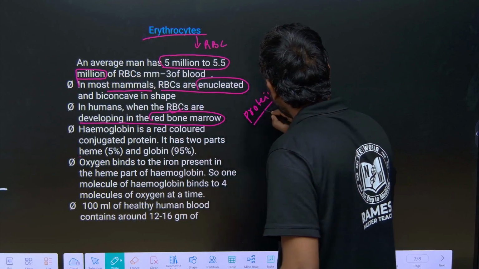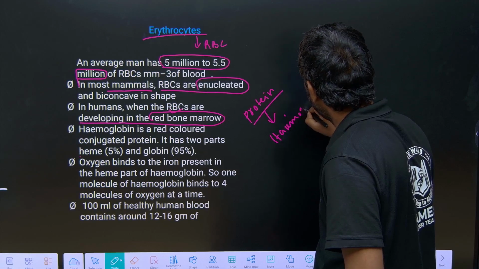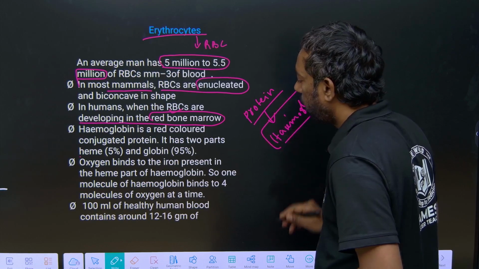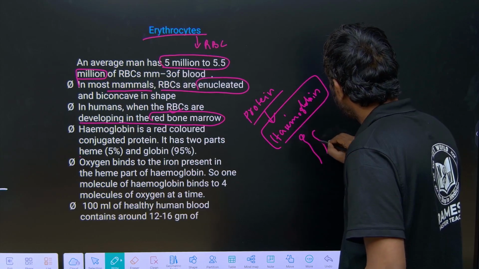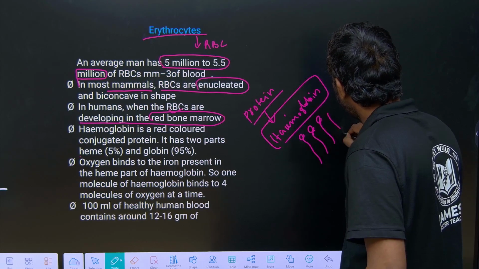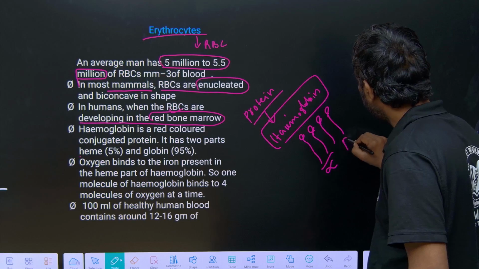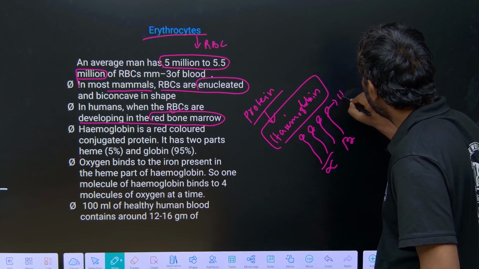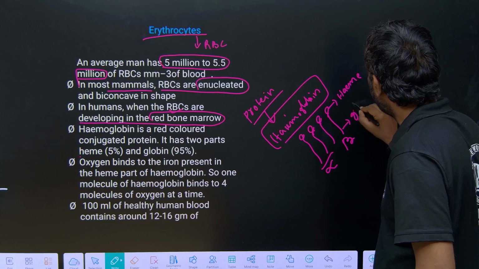RBCs contain a protein we call hemoglobin. Hemoglobin has four chains: two alpha chains, two beta chains, with a head part heme and a tail part globin.